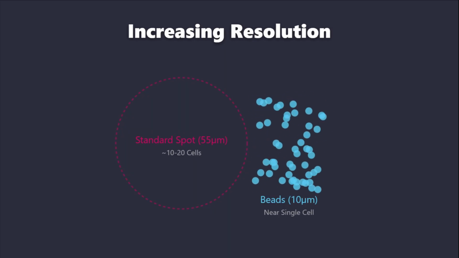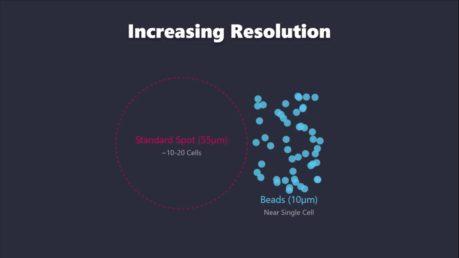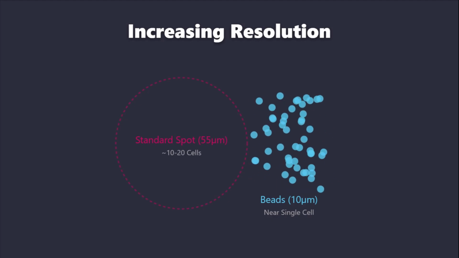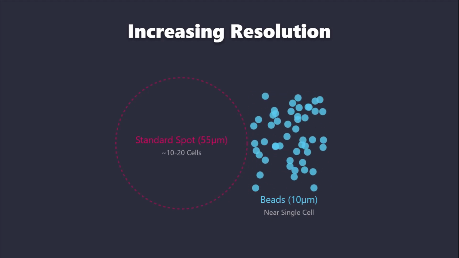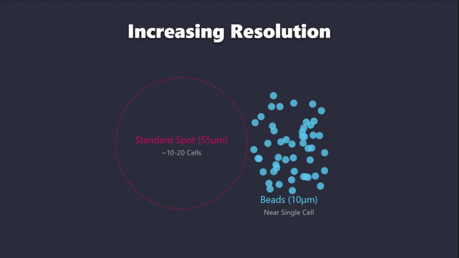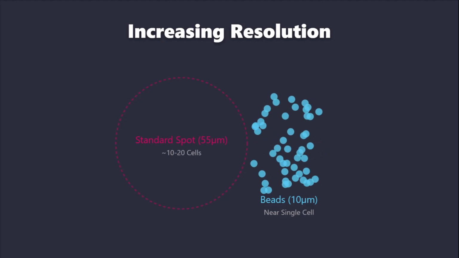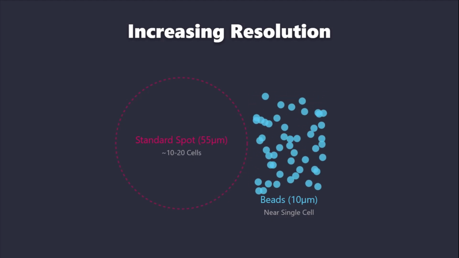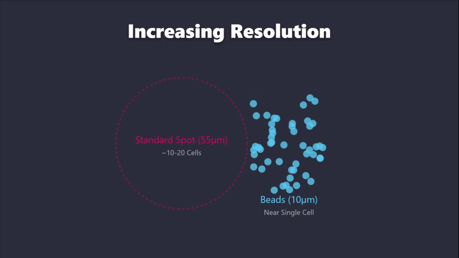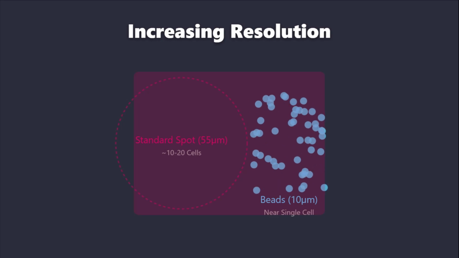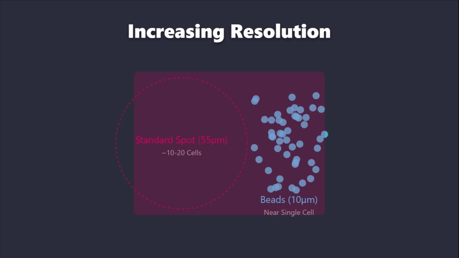Newer methods like Slide-seq and high-definition spatial transcriptomics utilize barcoded microparticles known as beads to dramatically increase resolution. In the Slide-seq protocol, millions of barcoded beads, approximately 10 micrometers in diameter, are randomly deposited onto a surface. The precise location of every single bead is determined by imaging and sequencing its unique barcode prior to tissue application.